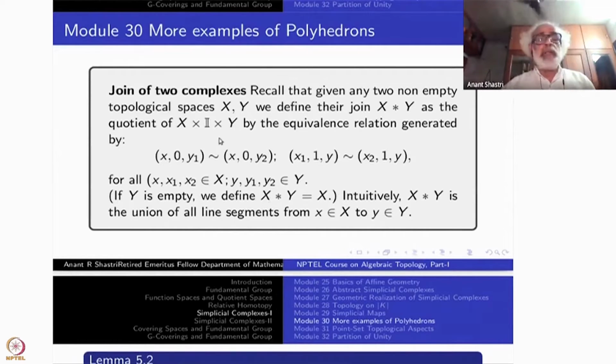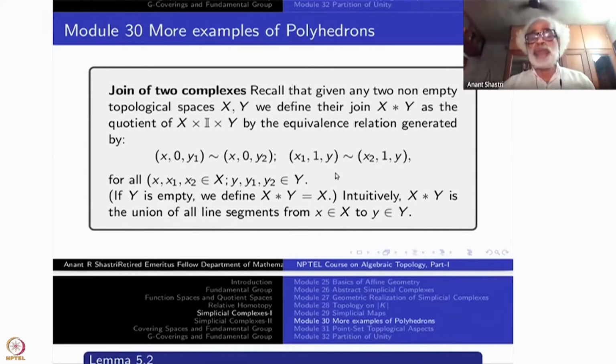So recall that the join of two topological spaces was defined as the quotient of X cross I cross Y, in which at the zero end all the Y1 and Y2 are identified for each x, and at the one end, namely when t equals 1, all the X1 and X2 are identified with Y kept fixed.